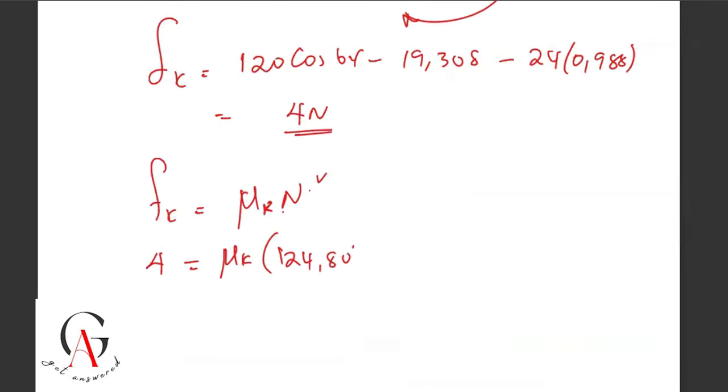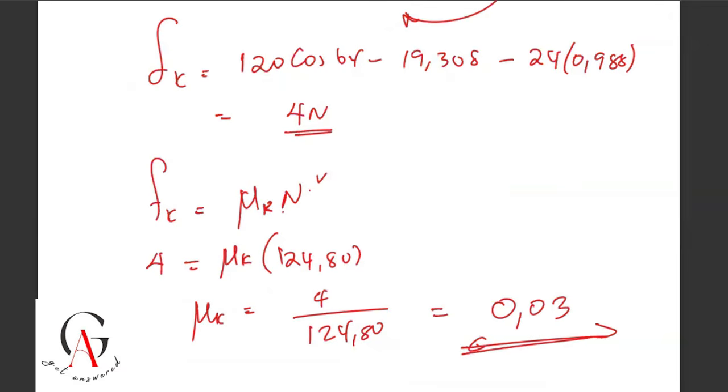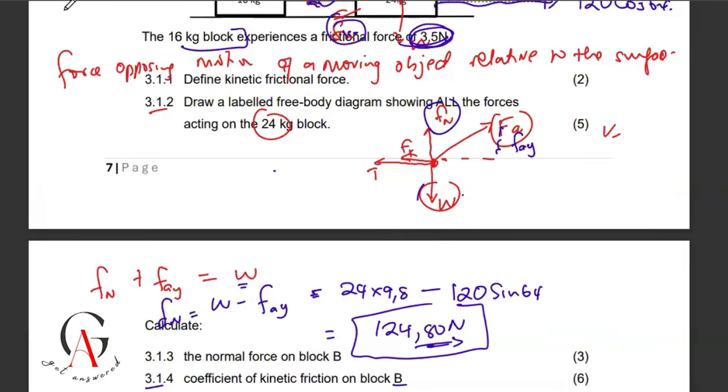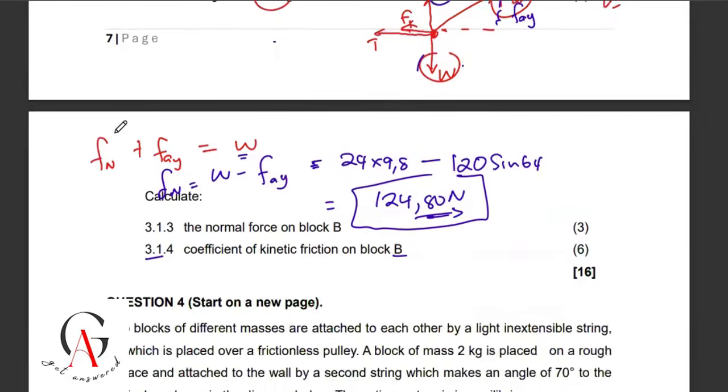Then let's divide both sides: 4 divided by 124,80 gives us 0,03. Remember, we shouldn't have a unit for this mu, and our answer should never be greater than 1. Okay, so that is question 3.